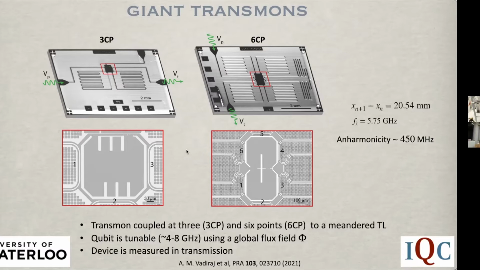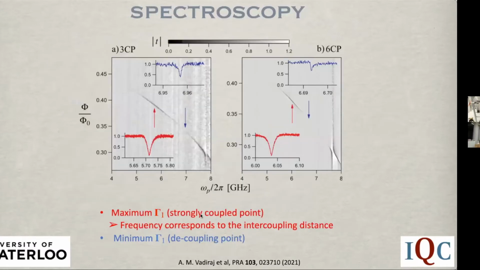Okay. So the first thing that we can do with this system is just do spectroscopy. For people who know about microwaves, this is just a standard vector network analyzer measurement. We're measuring the transmission through the transmission line. So we put in a microwave signal at a particular frequency, and then we just measure the transmission, which is the color scale here.